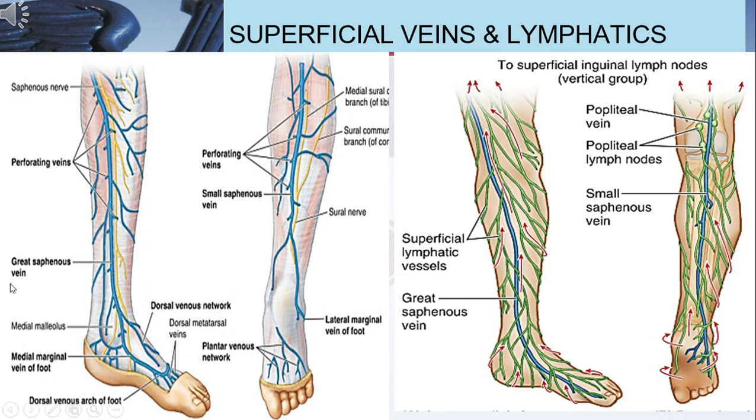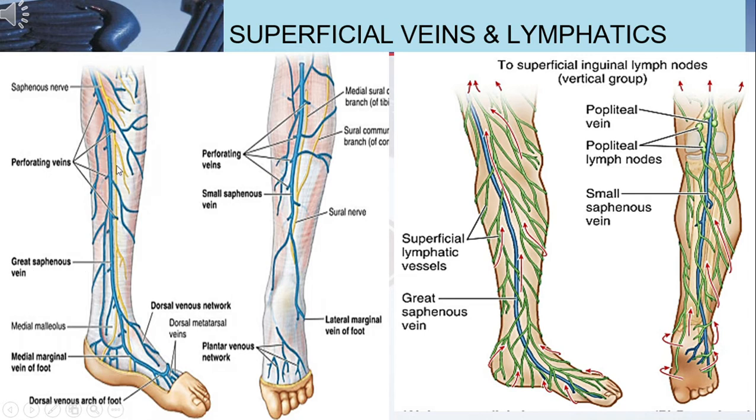We are going to discuss the venous drainage and lymphatic drainage of the lower limb in detail in a separate lecture, but here we can observe that on the medial side of the foot, from the medial end of the dorsal venous arch and the medial marginal vein of the foot, there is a large subcutaneous or superficial vein known as the great saphenous vein.